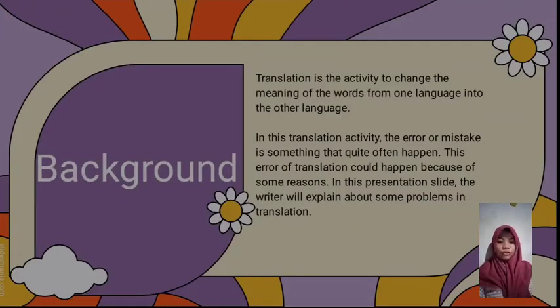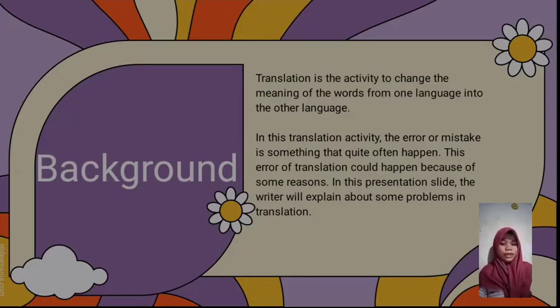First, we are going to explain the background of our presentation. Translation is the process of changing the meaning of a word from one language into another language. But in this translation activity, as in other activities, we could also make errors or mistakes.